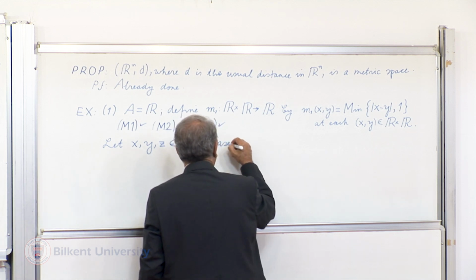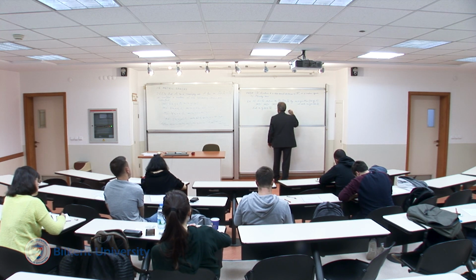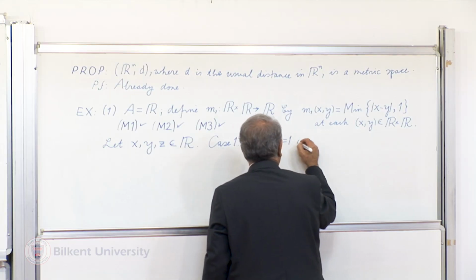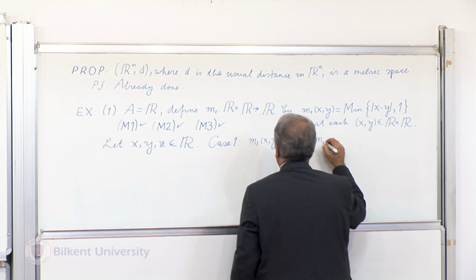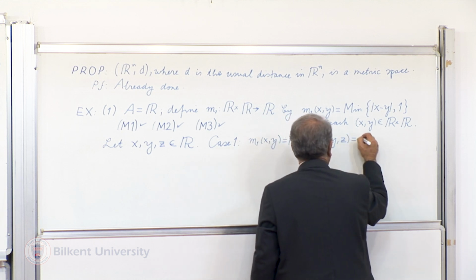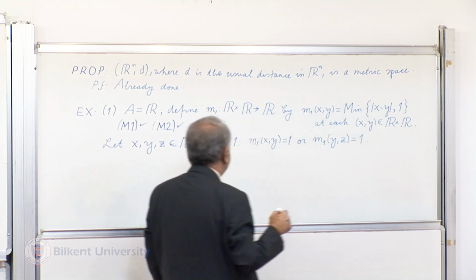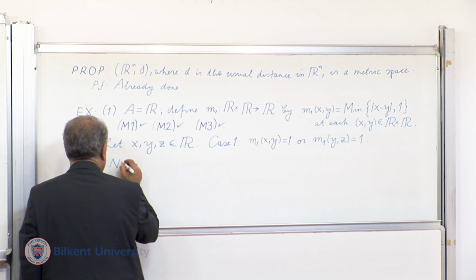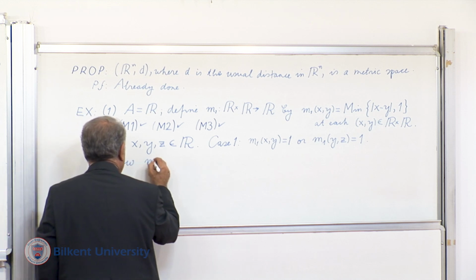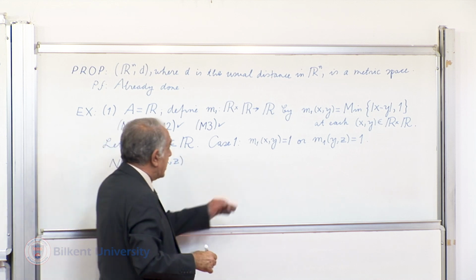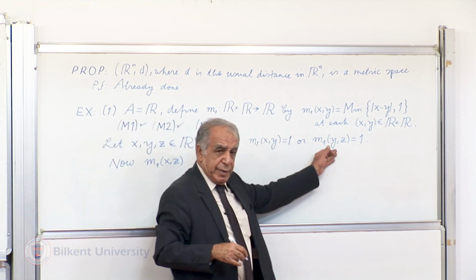So we can use that, and we can take the following two cases. Case 1, m1(x,y) equal to 1, or m1(y,z) equal to 1. Now we wish to show that m1(x,z) is less than or equal to the sum of these.